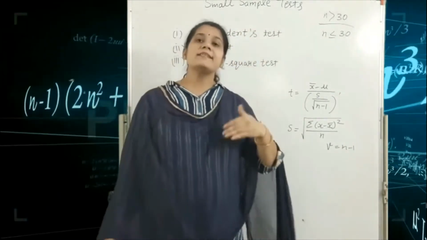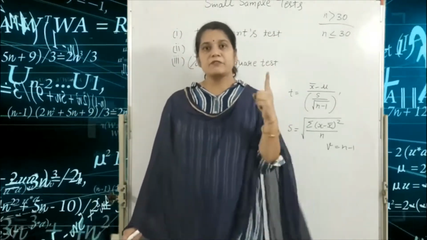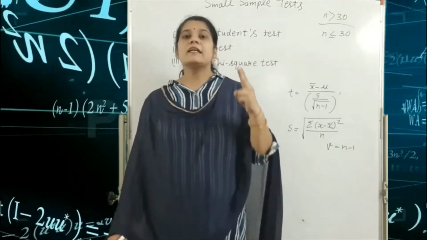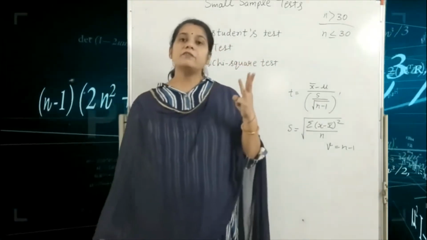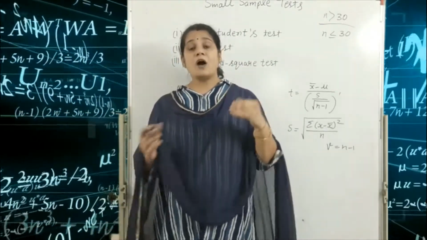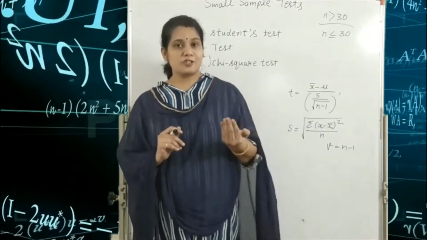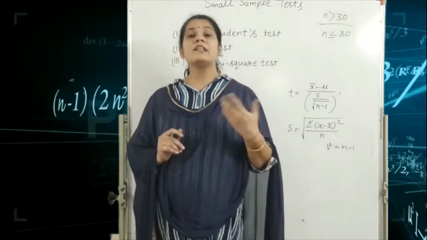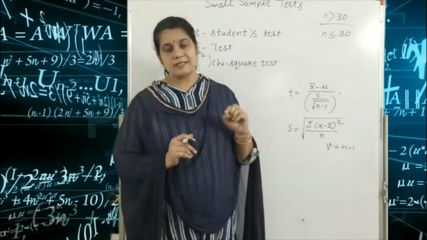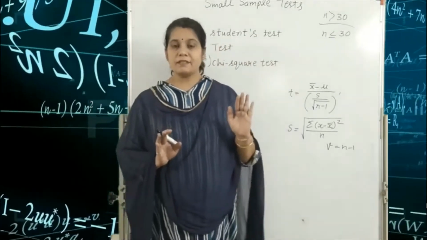So in the small sample test, we have three types of test. Number one is the T student test, second one is the F test, and third one is the chi-square test. How do we classify these three types of test? If your question is given in small sample form, that means your number of samples is less than or equal to 30, then we use the small sample test.